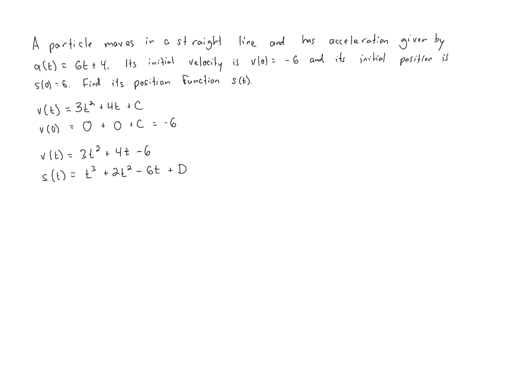So that is our position function, but we don't know it exactly because we've got that constant in it. However, we do know that the initial position, or the position at time 0, is equal to 6. So if we plug in 0 for t, which makes a bunch of these terms 0, that just gives us d, and we know that that's 6. Plugging that in, our position function is t cubed plus 2t squared minus 6t plus 6.